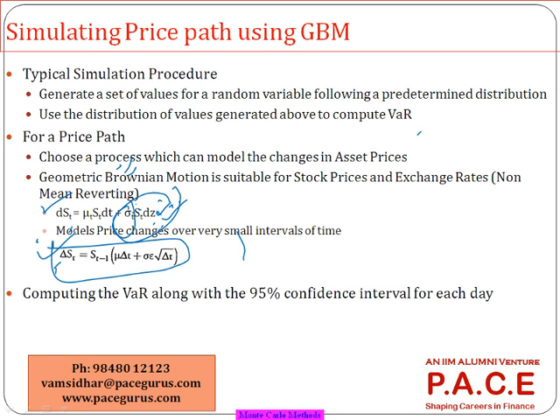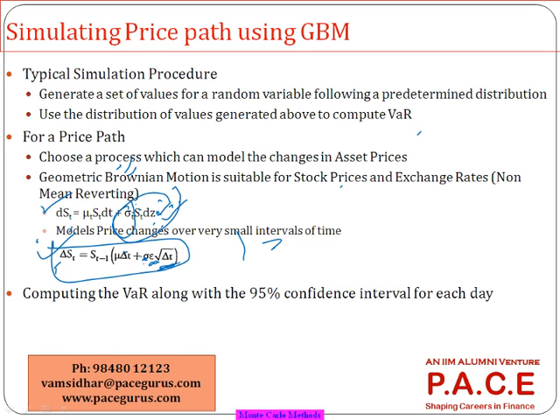For how many days? Let's say I want it for 10 days, I multiply it by 10. Similarly, I generate a random variable. That epsilon is nothing but the random variable. So I'll take the standard deviation, multiply it with epsilon, which is a random variable, and multiply it with root delta t. And that's how I generate the price for tomorrow.